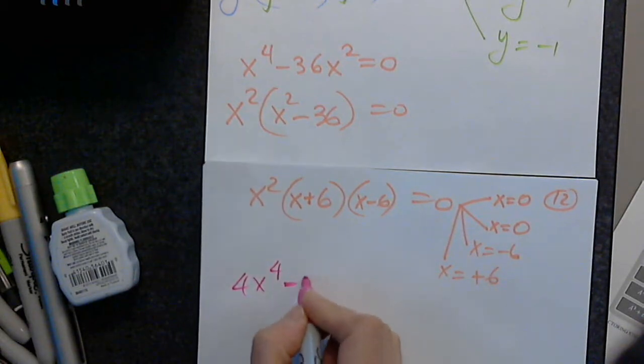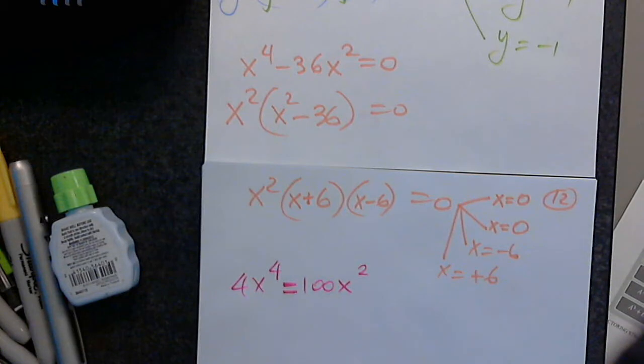Okay, next one, 4. X to the 4th equals 100 x squared. Now if you say to me, divide both sides by x squared, I'll say never. But if you say divide both sides by 4, I will say yes. Exactly.